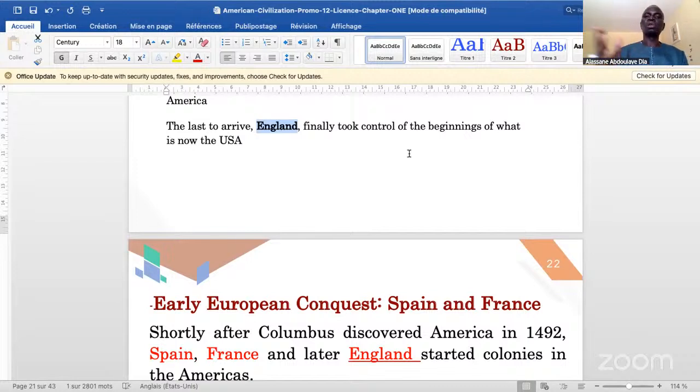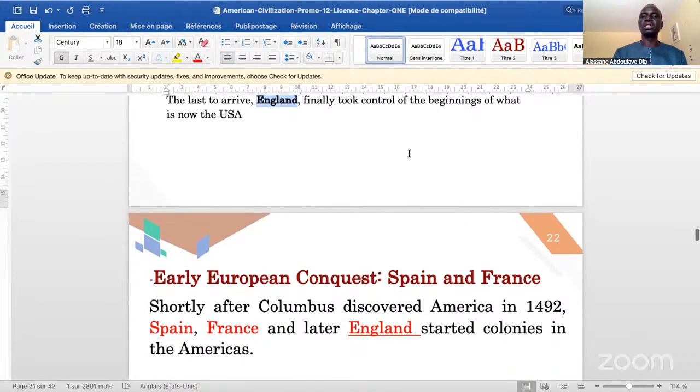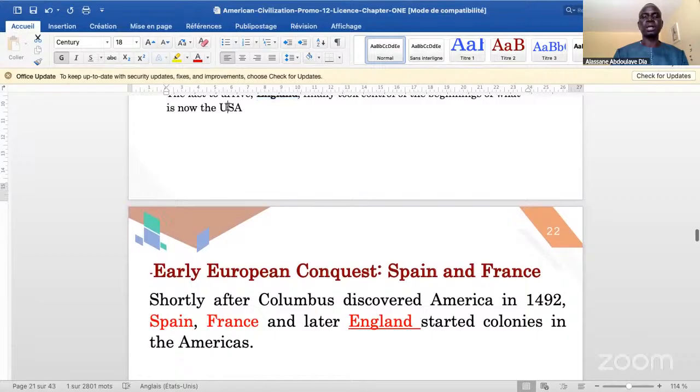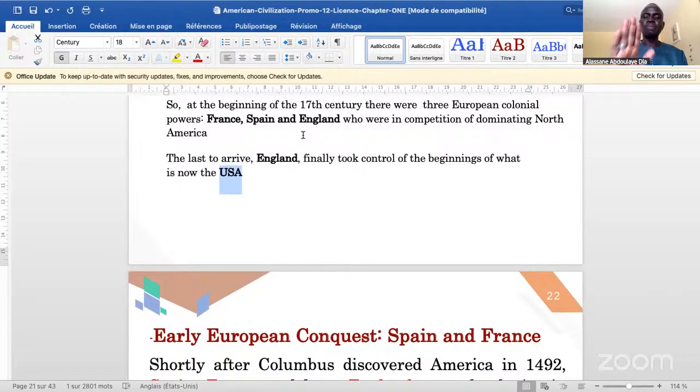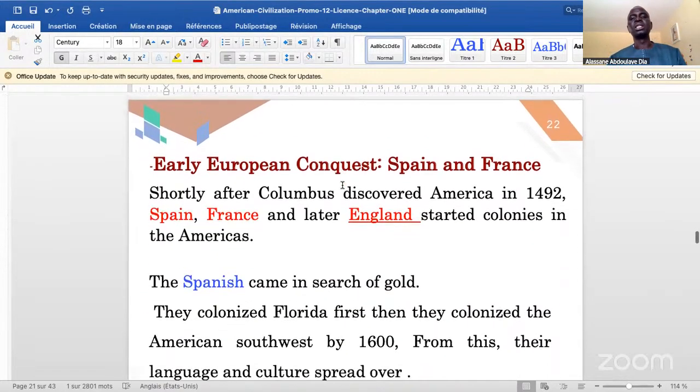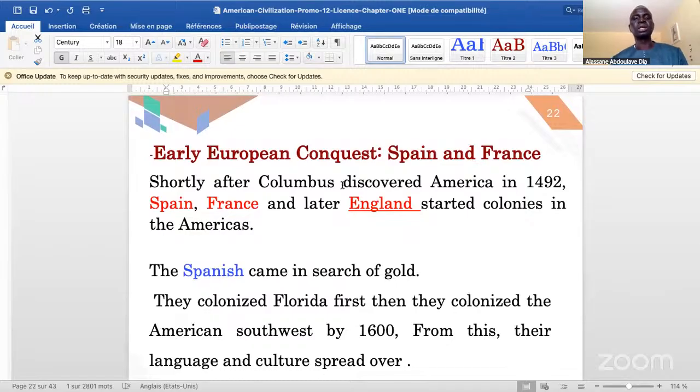And England took control of the beginnings of what is now America. If America was born later, that's the part that England, as the last one to arrive, occupied, developed as colonies, and called British American colonies.